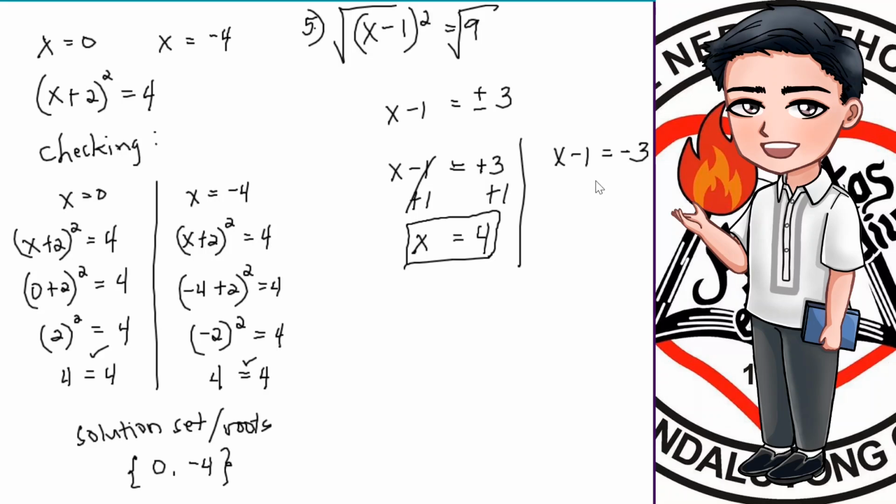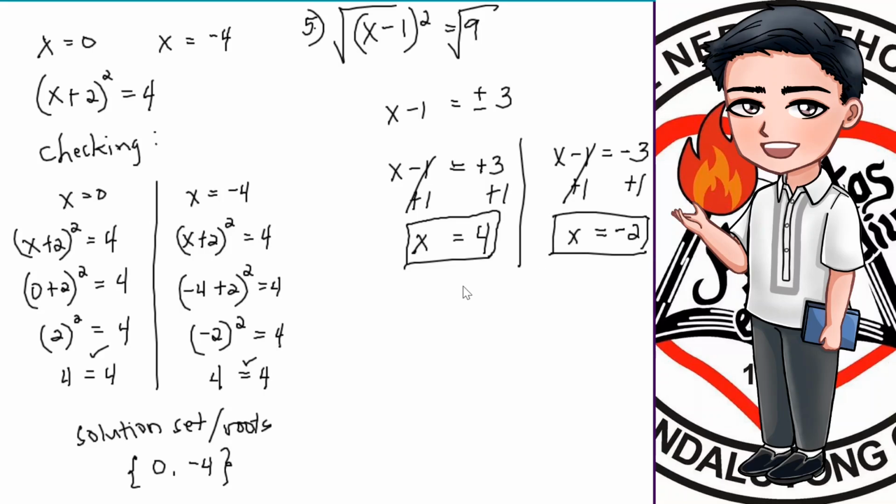How about on the other side? We add 1 to remove negative 1 here. So we also add 1 on the other side. So this will become 0 now. So what we have is x is equal to negative 3 plus 1 is negative 2.